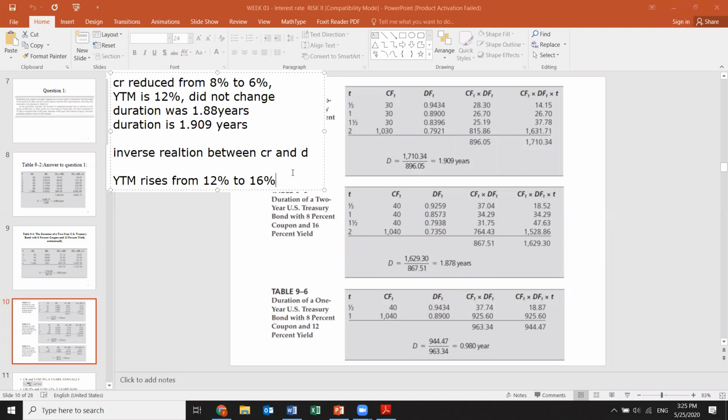So if this is the case, let's see what happens. Look, same number of periods. Cash flow is the same as the previous, like here. And discounting the cash flow, what you can see is it reduced, and if you divide it, you get your duration.